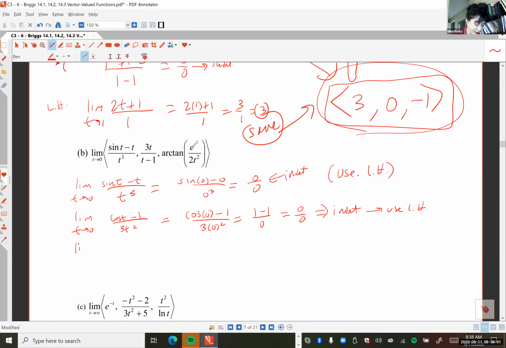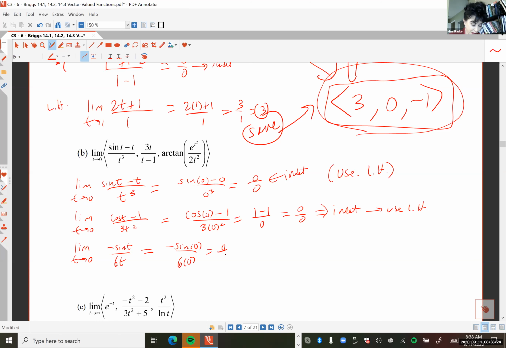Okay, we just did L'Hopital's. Yeah, but we're doing repeated L'Hopital's. That's legit. So then, what's the derivative of cosine t minus 1? I get minus sine t, and you divide that by the derivative of 3t squared, which is 6t. And now I use direct substitution.